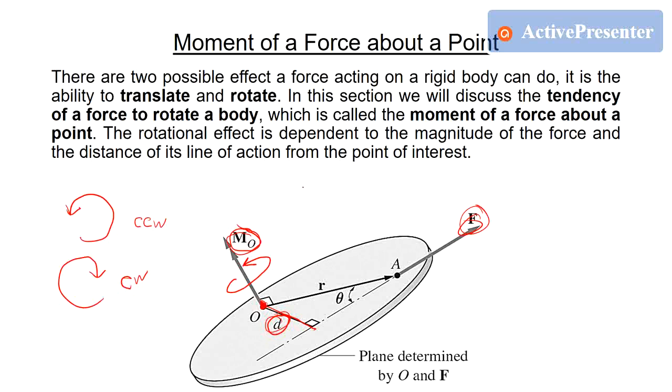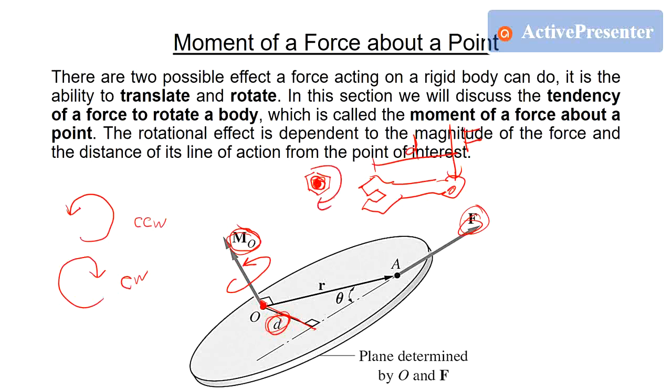An example of that: if we have a lever arm, and you want to tighten a nut on a certain bolt and you apply a lever like this one, as you can see, the force is applied here and this is the distance.